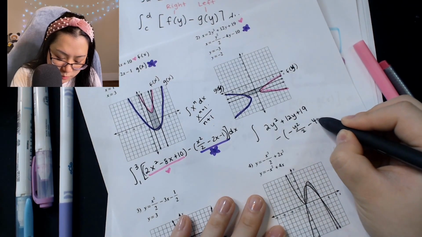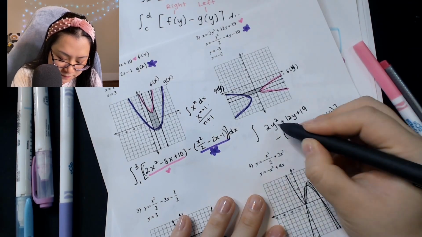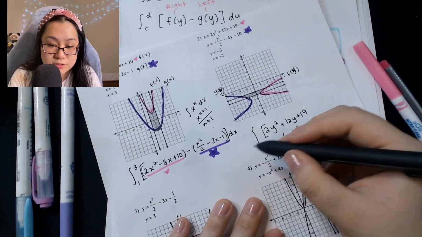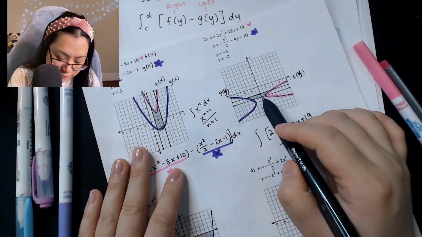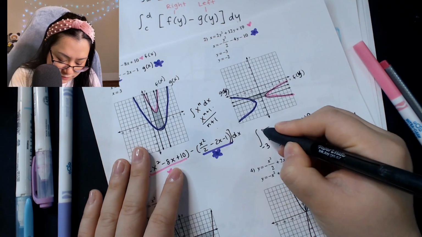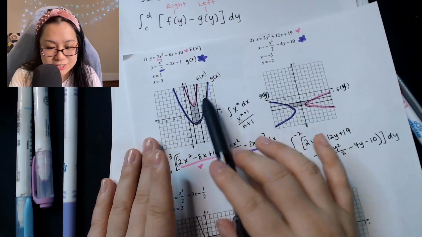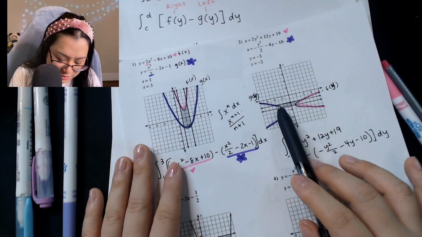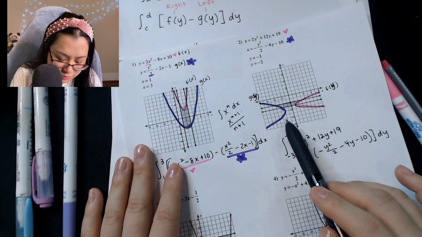So when we do this one, we have the whole thing with respect to y. So when we write out the actual a to b or c to d, it actually has to be the y values. So y going from negative 3 to negative 2, that can be kind of confusing too, because if you've been doing a bunch of questions like this and you do x values, you might be tempted to do something like negative 4 to 2 or something like that.